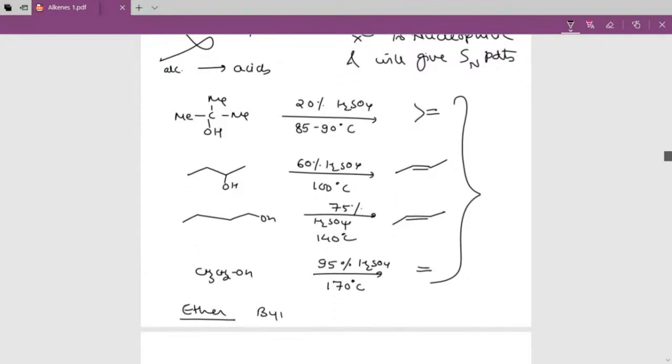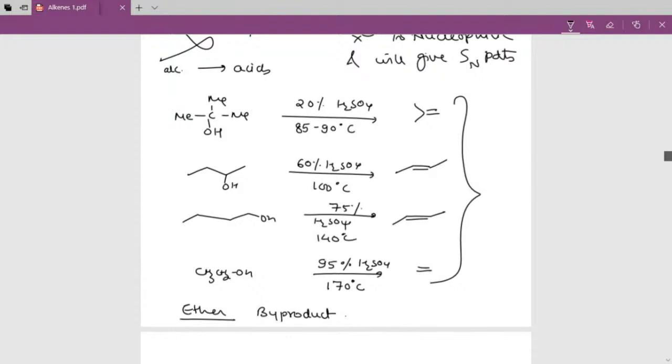But as the stability of the alkene increases, the byproduct ether automatically decreases more and more. Is that okay? So this is how general dehydration can work in case of alcohols.